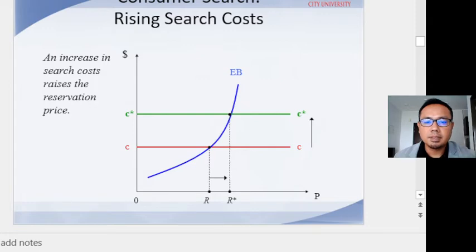And you can see from this graph, this is because the expected benefit of searching for an even lower price is less than the cost of searching.